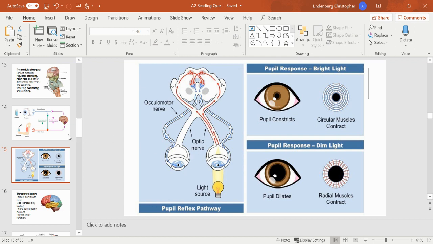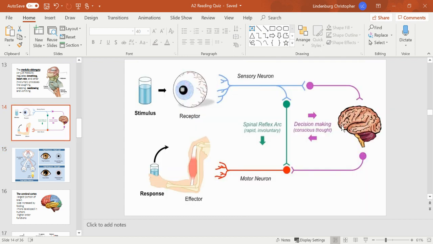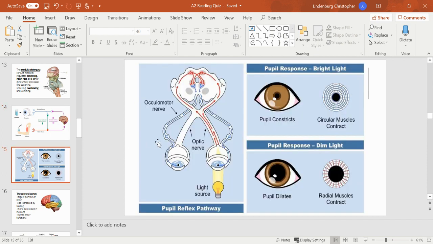Instead of going up to the cerebrum for thinking and interpretation, you have some stimulus from the eye, which goes to the brain and then immediately comes right back out to the eyeball, and it causes your pupil to dilate. If you're in a dark room, your pupils will dilate. But if light is now shined on this dilated pupil, then it will close to protect the eye from too much stimulation. Now, you don't think about your pupils dilating.